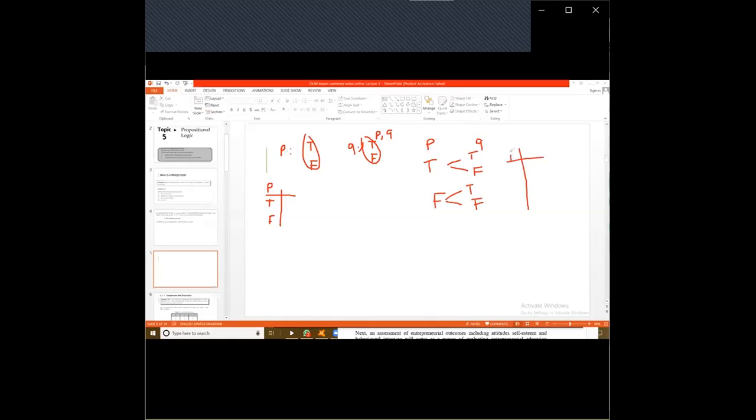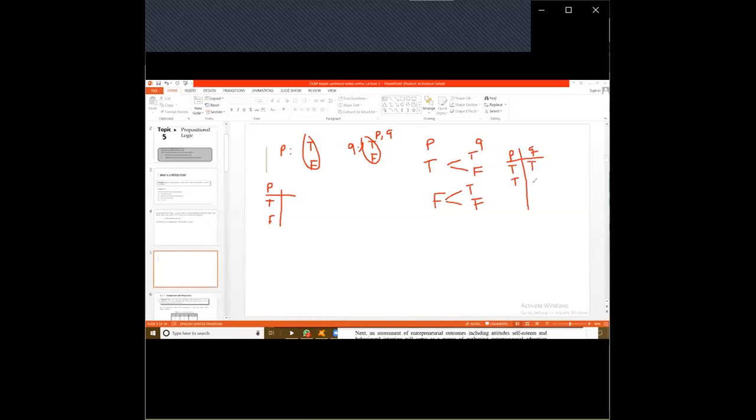P, Q, and because we have two statements here, we'll write two T's, so truth, then for the first one is true, where T, truth, and then truth and false.